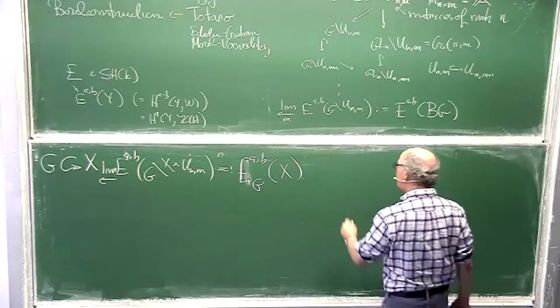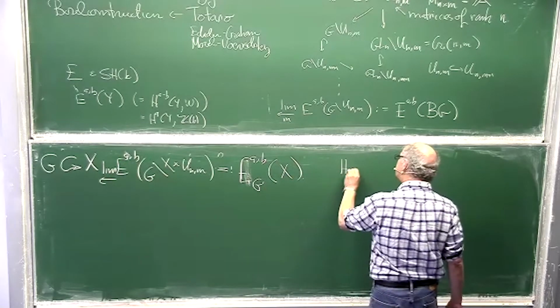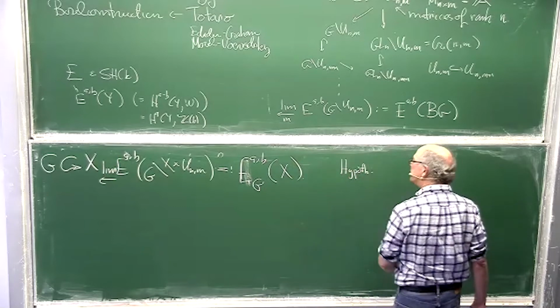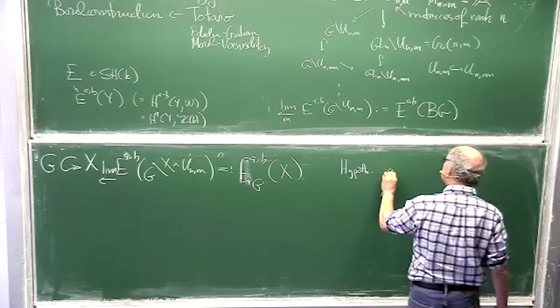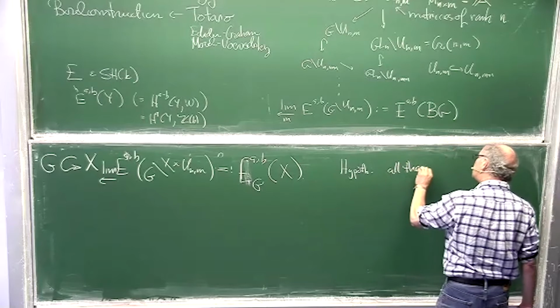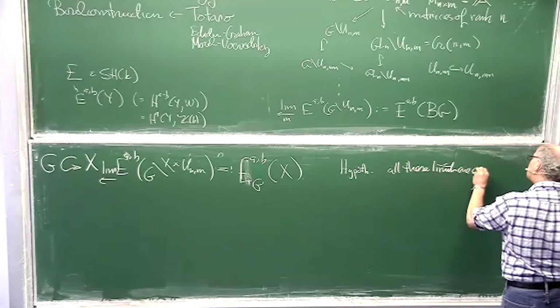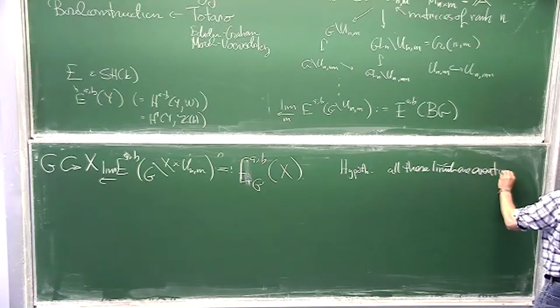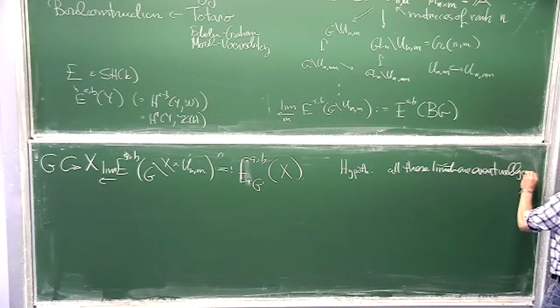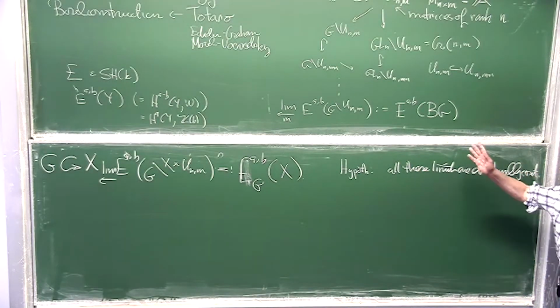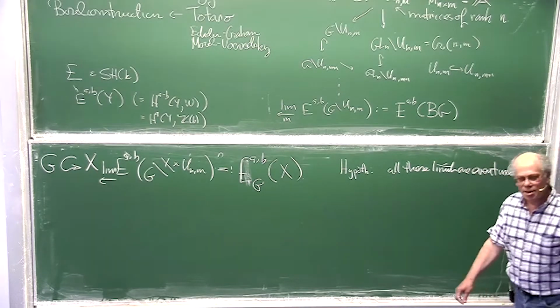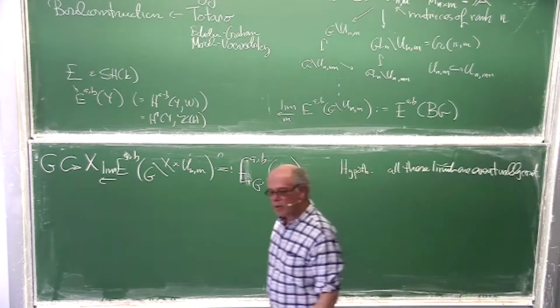Okay, so we're going to make the following hypothesis: all these limits are potentially constant. If we fix A and B, where it stops might depend on the choice of A and B, but when we fix A and B, then they remain constant.